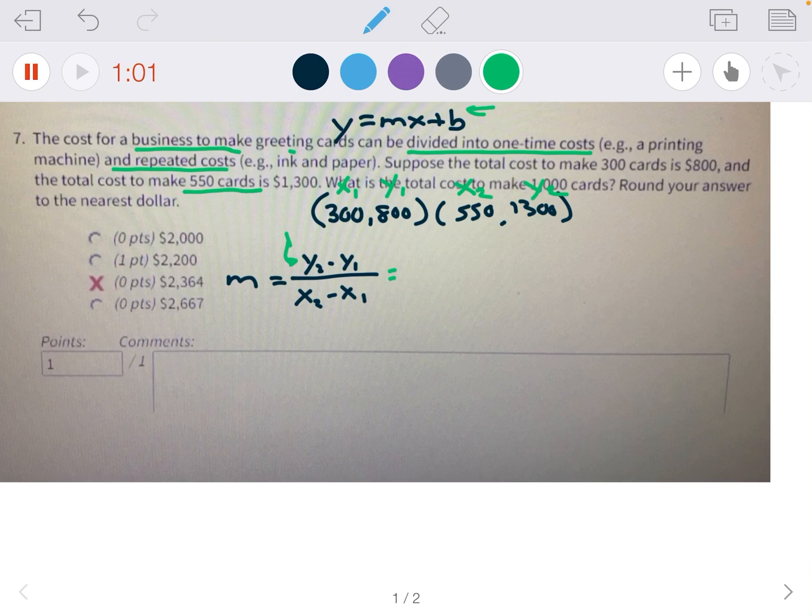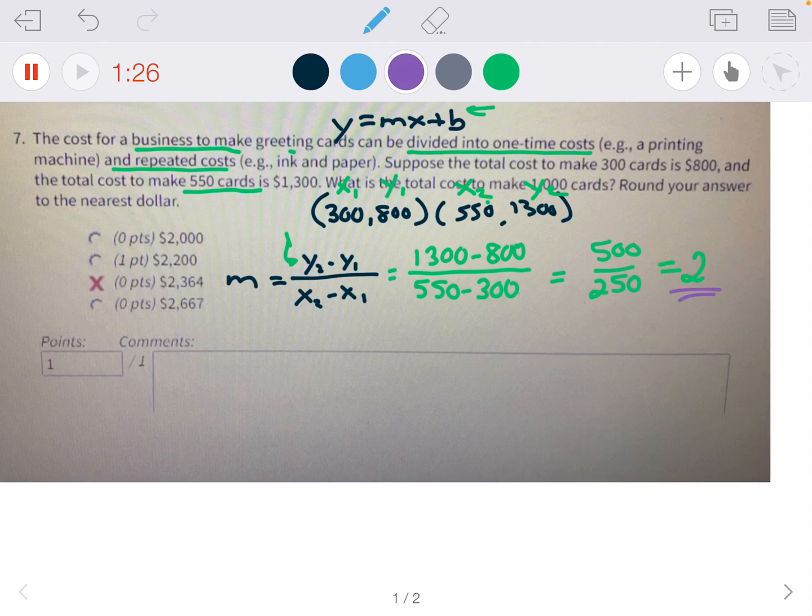The formula says take Y2, which is 1,300, and subtract Y1, which is 800, and that gives us our 500. Then I take my X2, which is 550, and subtract my X1, 300, giving me 250. So our slope is 2.